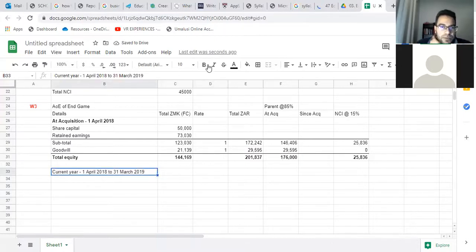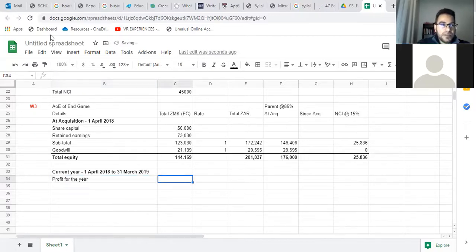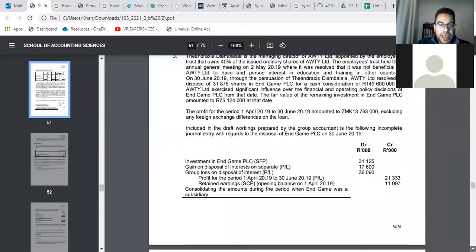So once again, what you do, like normal groups, you slot in profit for the year. That is given. It was given at, I think, 36,700. So we just take that number as is.